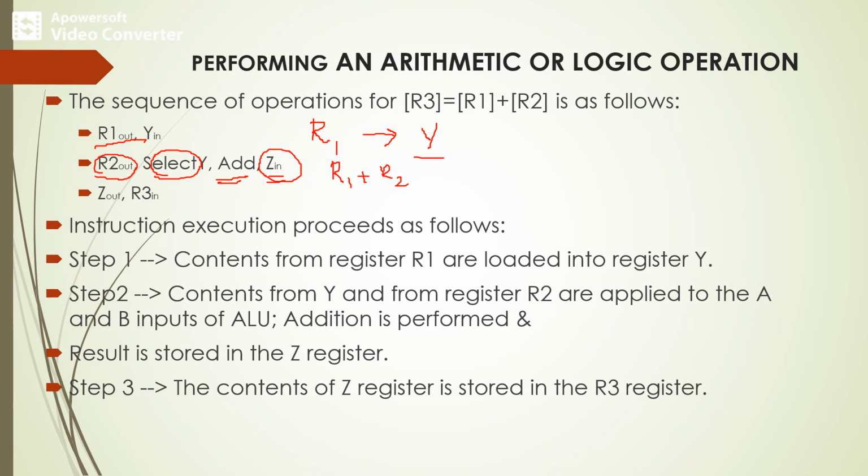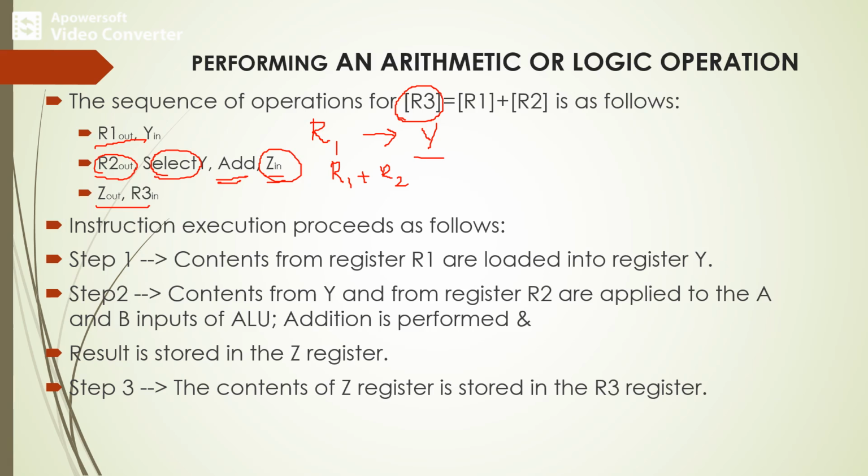Finally we have to store R1 plus R2 into the general purpose register R3. That means Z out, R3 in. The result stored in the register Z is loaded into the processor register R3.